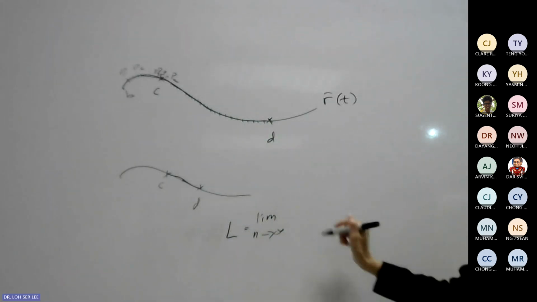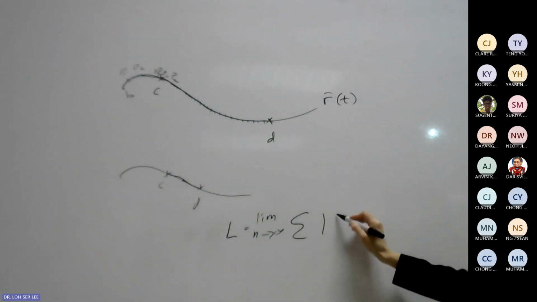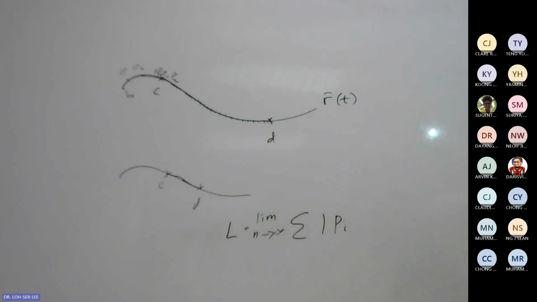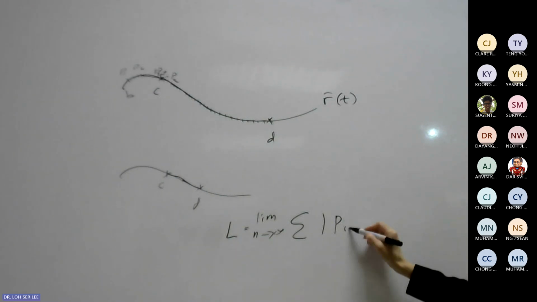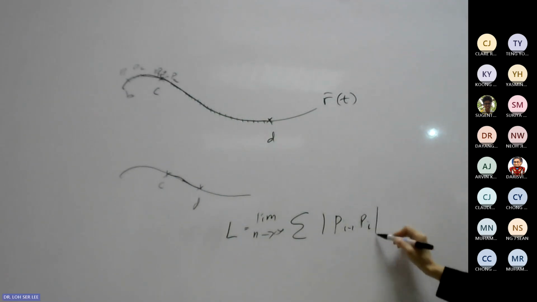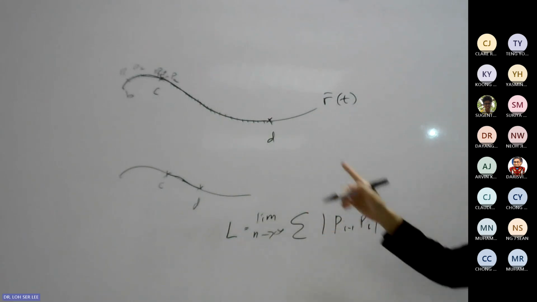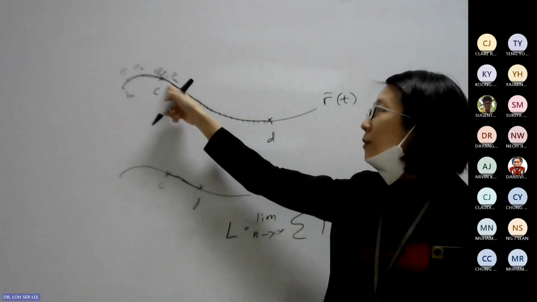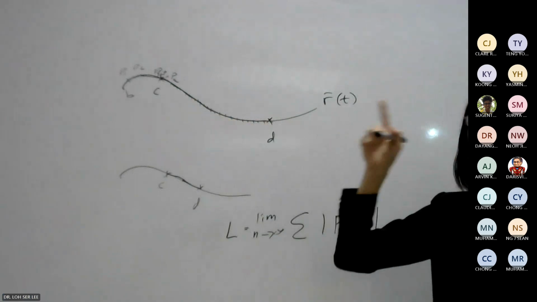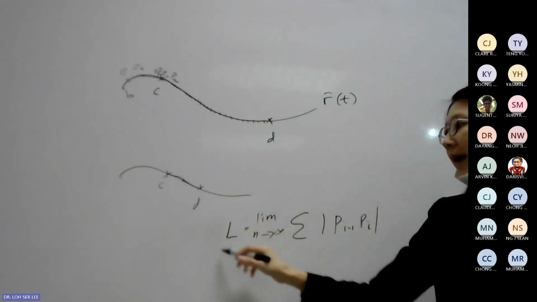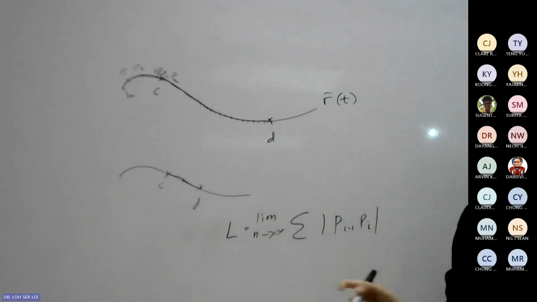We will sum up the distance between Pi minus 1 and Pi. We sum up the distances between the points, and then it will make up the arc length.